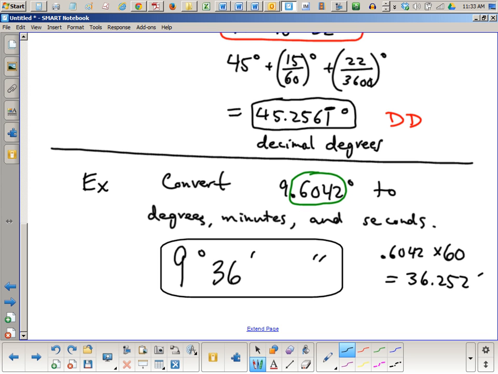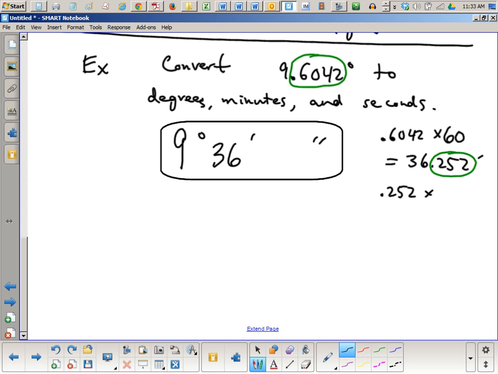So that goes here. What am I going to do with this 0.252 minutes? I'm going to multiply by 60 again to figure out how many seconds that is. Not 3600, by the way. All right. So 0.252 times 60 again is 15.12. This represents how many seconds I have.